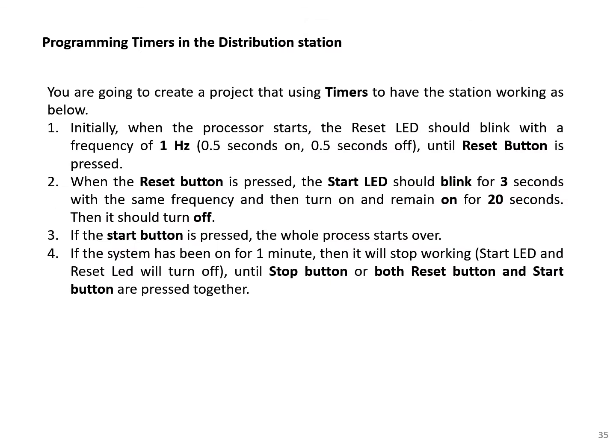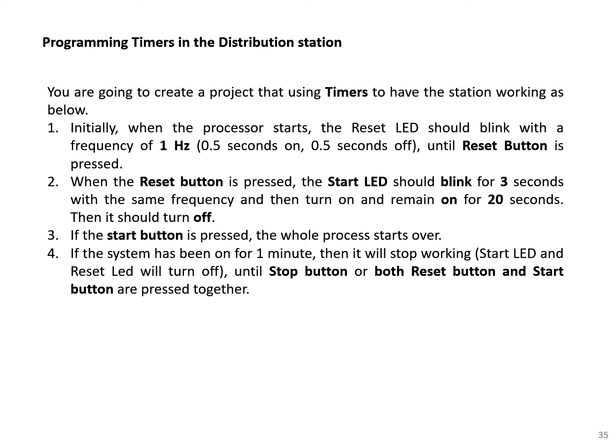Okay, so from this slide you are going to create a project using timers to have the station working as below. This is a programming timer in the distribution station. Initially, when the processor starts, the reset LED should blink with a frequency of 1 Hz.